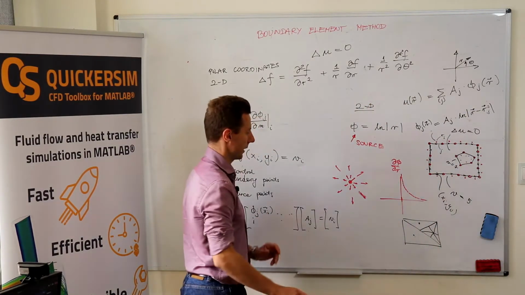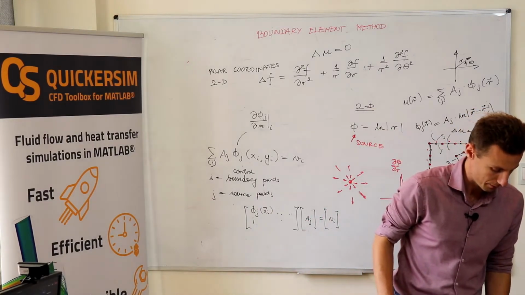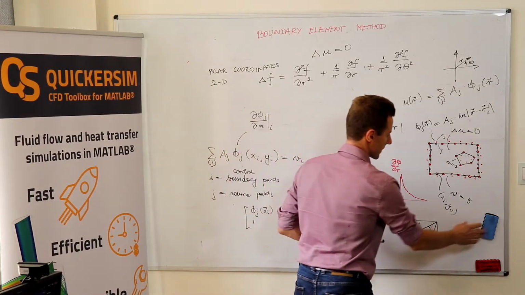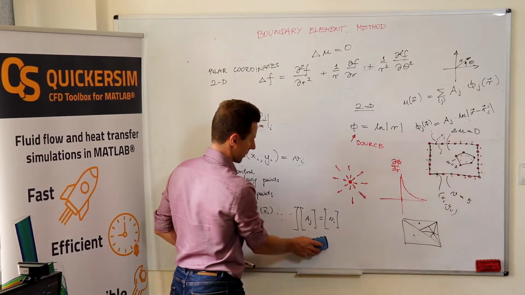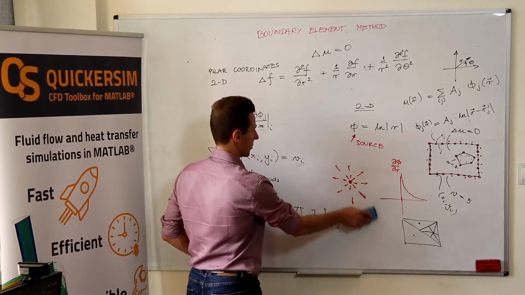One more thing, and it's probably the last one that I want to mention for the boundary element method, is let's think for a while. What kind of data structures do you need, and what kind of geometry representation do you need?